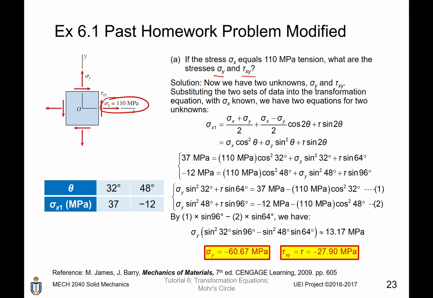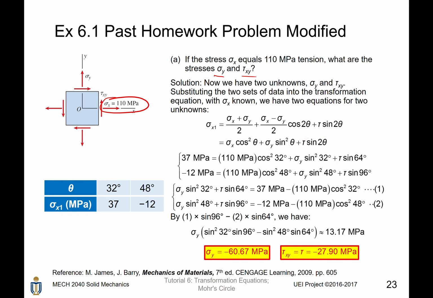Then we know that sigma x1 is given, theta is given, sigma x is also given. So now the variables left in this problem are just sigma y and tau. In other words, if we can write two equations, then we can solve for sigma y and tau immediately. In this problem, it gives you two groups of data for your calculation. That means you're going to use two equations to solve for tau and sigma y.